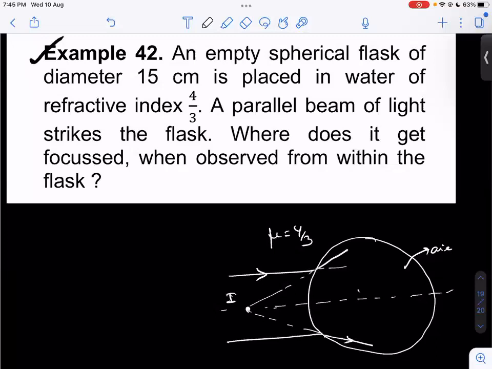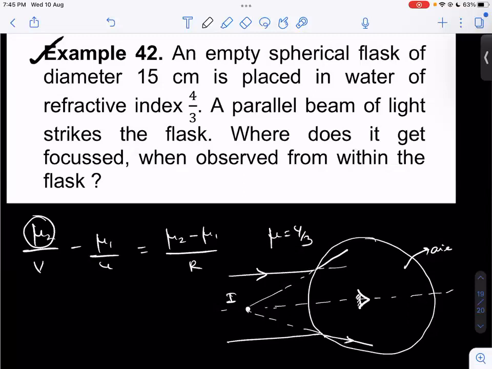So you are observing from within the flask. Your eye is here. Now tell me, mu2 by v minus mu1 by u is equal to mu2 minus mu1 divided by r. What is mu2 by v? That's what we need to find. But what is mu2?